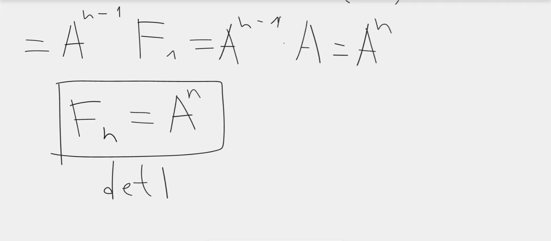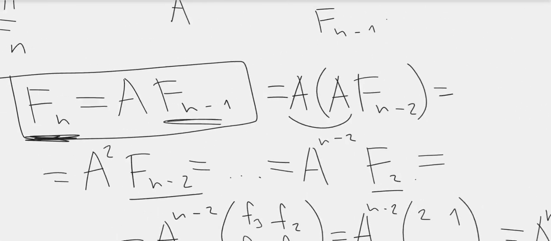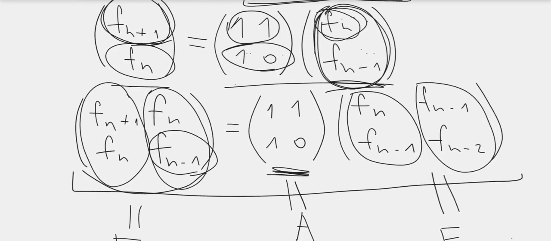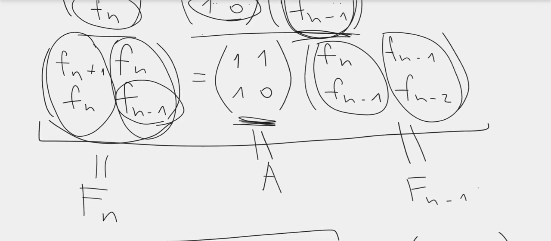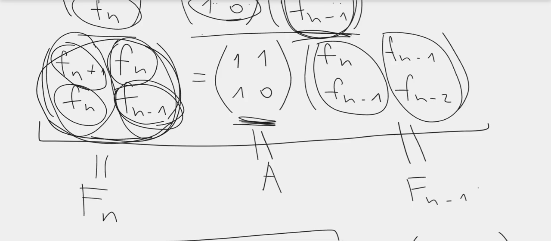Calculated directly, the determinant is the product of the numbers on the main diagonal minus the product of the numbers on the other diagonal.